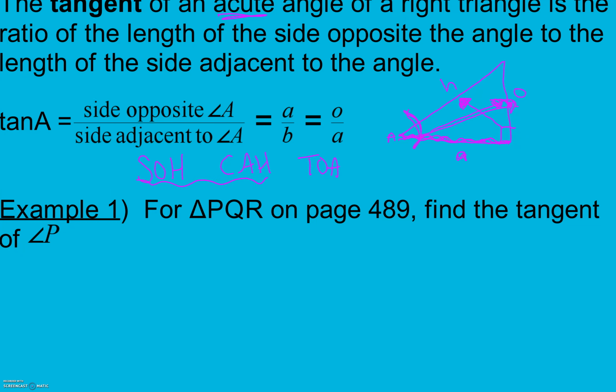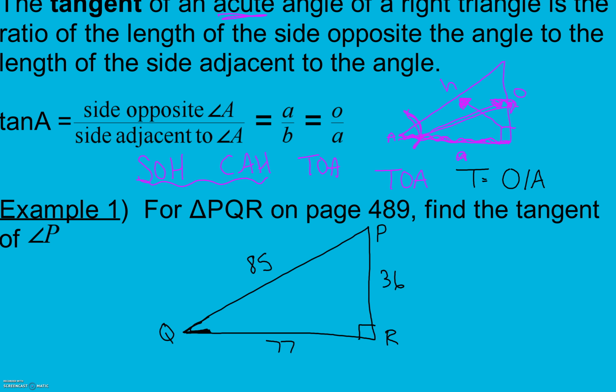We'll get into those tomorrow, but for today, we're going to deal with TOA. TOA comes from the fact that tangent equals opposite divided by adjacent. TOA. Opposite over adjacent.